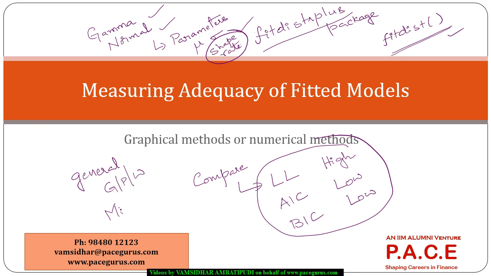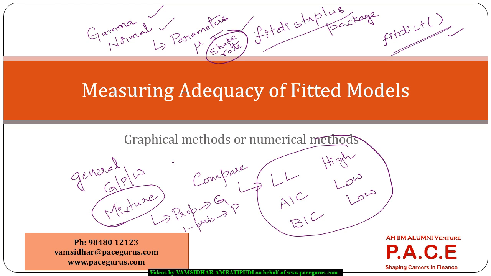Or in some cases I can even think of fitting a mixture distribution. Meaning there is some probability that it is, let's say, a gamma distribution, and there is some other probability that it is a Pareto distribution. So we can even fit those kinds of models to the data.